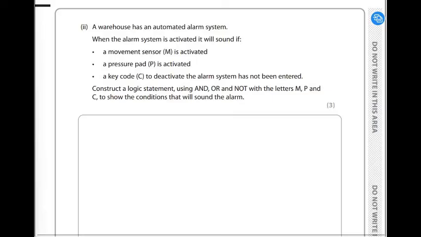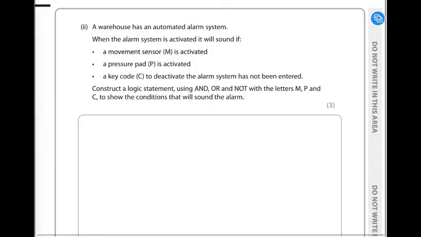Okay, we got a new one now. 5D2. So a warehouse has an automated alarm system. So when the alarm system is activated, it will sound if a movement sensor is activated or a pressure pad is activated, and a key code to deactivate the alarm has not been entered yet.